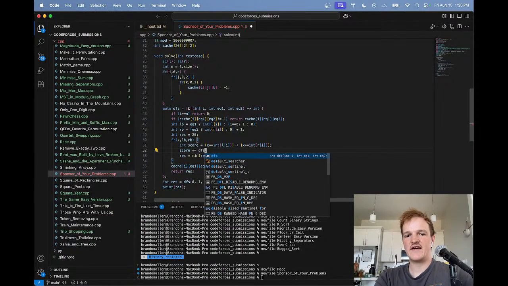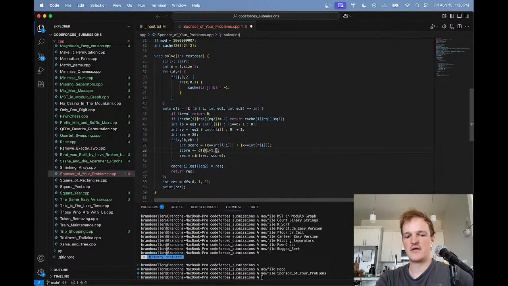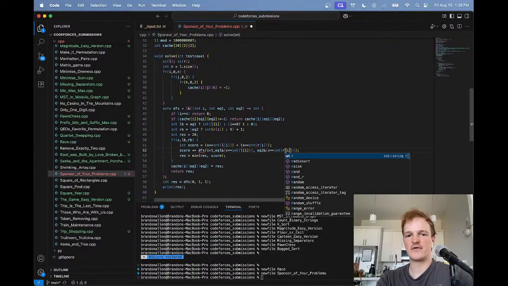So it's going to be DFS of I plus 1, ec1, and x equals int L at I. And then ec2 and x equals int R at I.